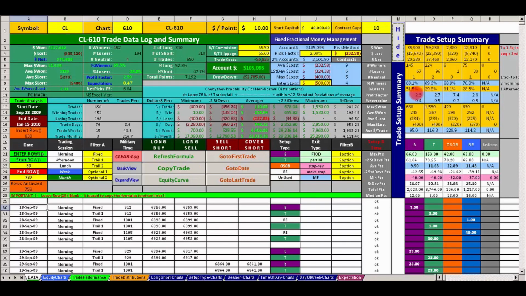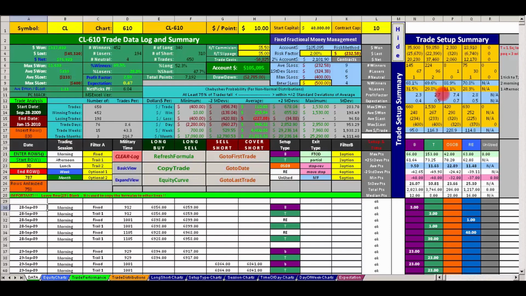The basic setup was 68% winners, which is a great percentage, and there are a couple hundred trades in there. You can just move across and see if one of these types is significantly better than the other. Now, the value of this kind of setup, I'll let TJ explain.